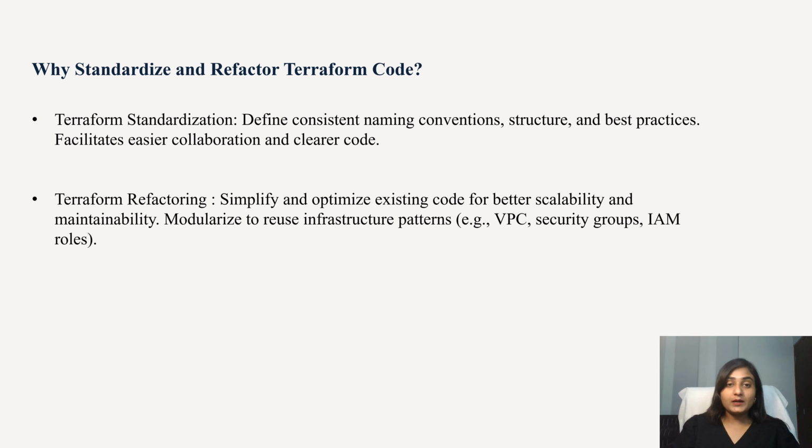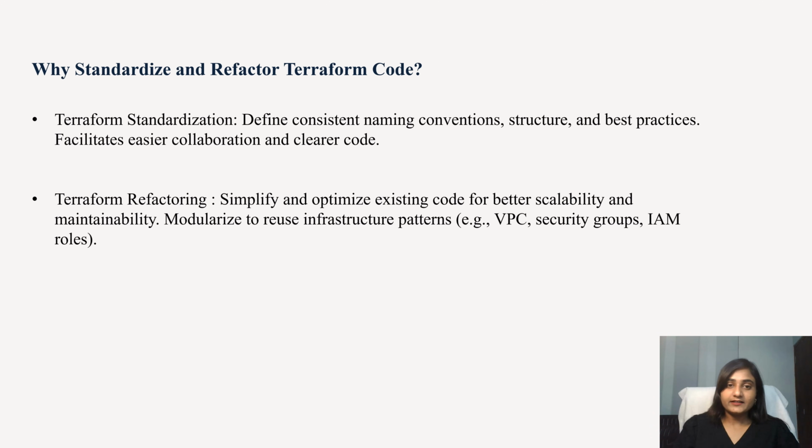So let's talk about why standardization and refactoring are crucial. Without these practices, you end up with inconsistent code. Resource names don't follow a pattern, modules are reused poorly, and teams struggle to collaborate. Standardization brings clarity, clear naming conventions, and consistent structure.